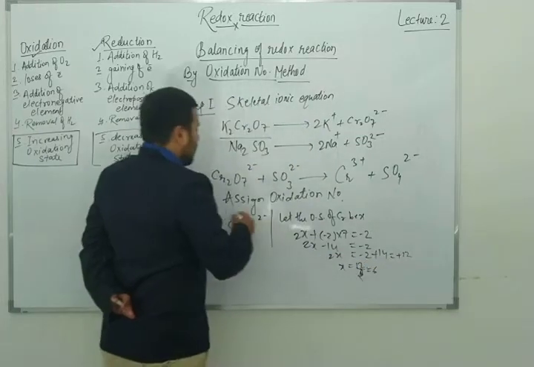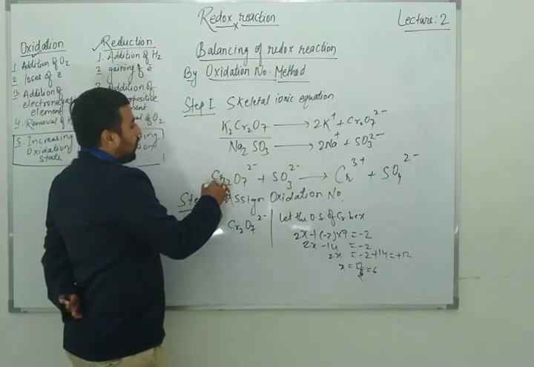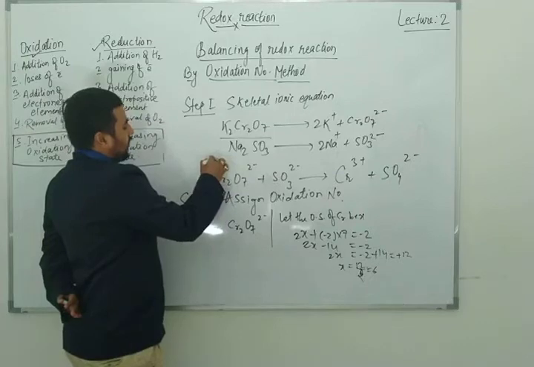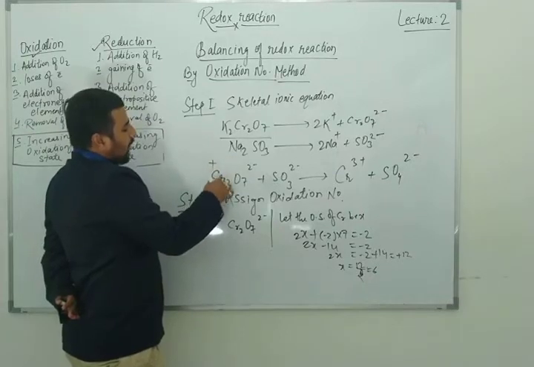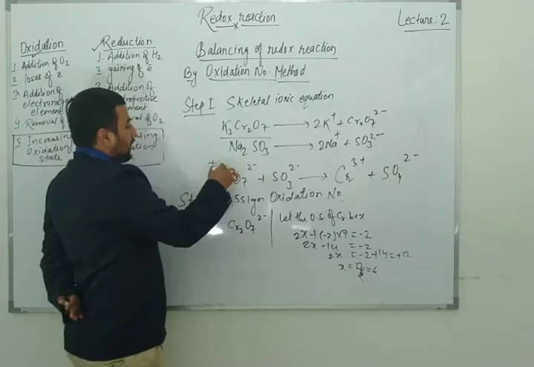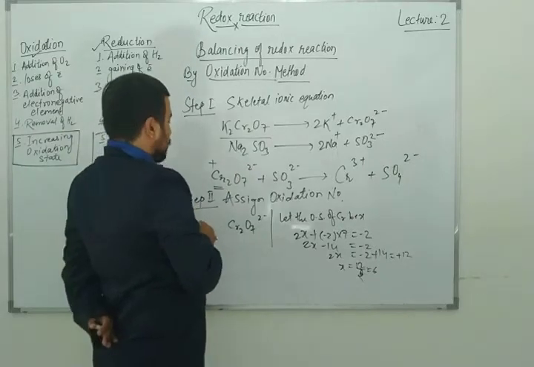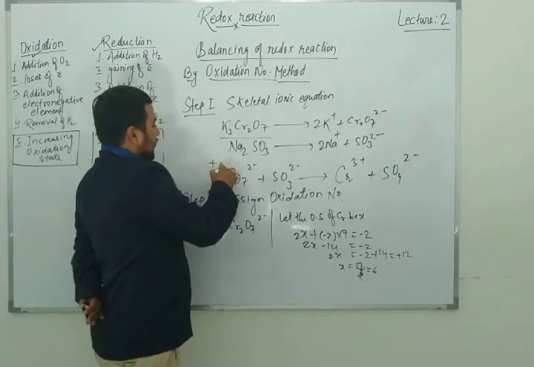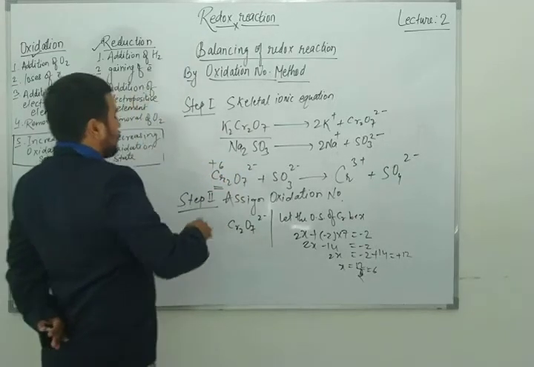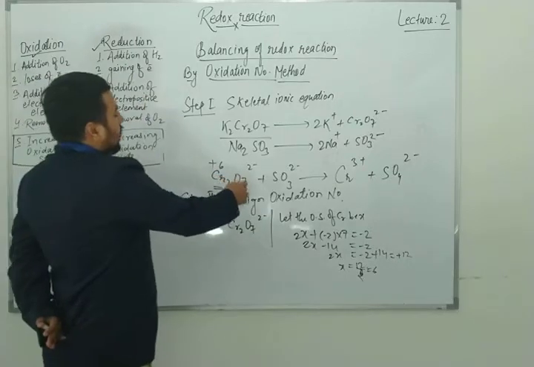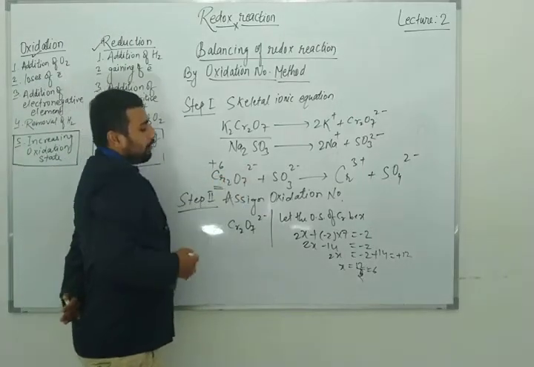So the oxidation state of chromium is +6. There are 2 chromium, so it becomes +12, and -14, which gives -2.